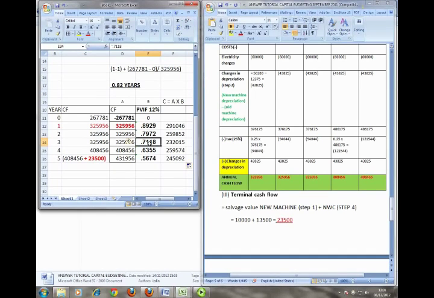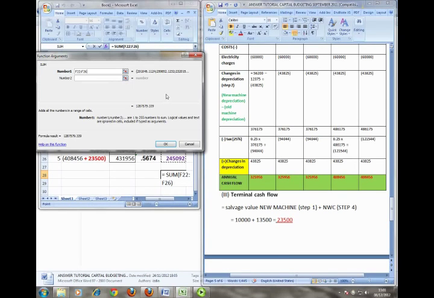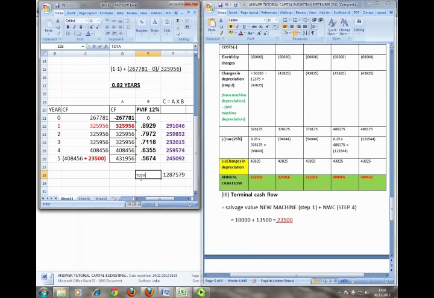Alright, and then using the same method for the second year, A times B, A times B, A times B. When you get all the figures for column C, you need to sum all of column C. Sum all of column C, then you will get 1,287,579.